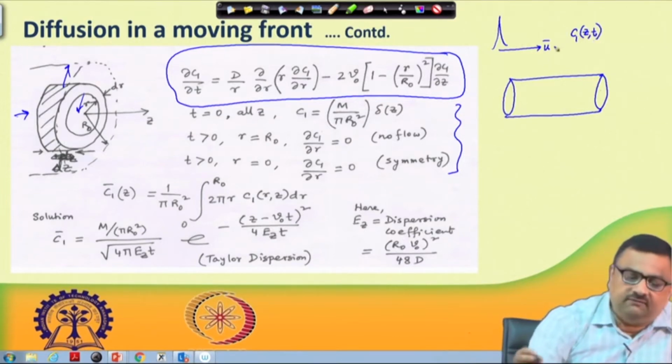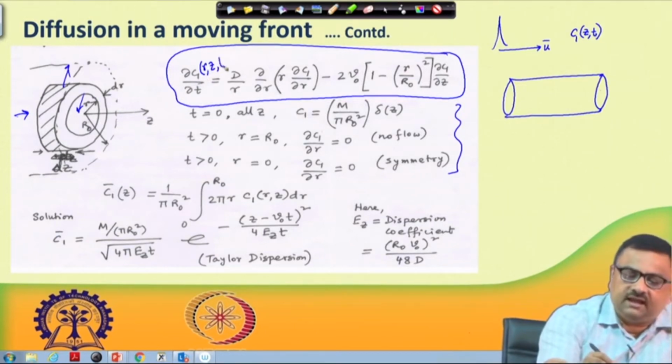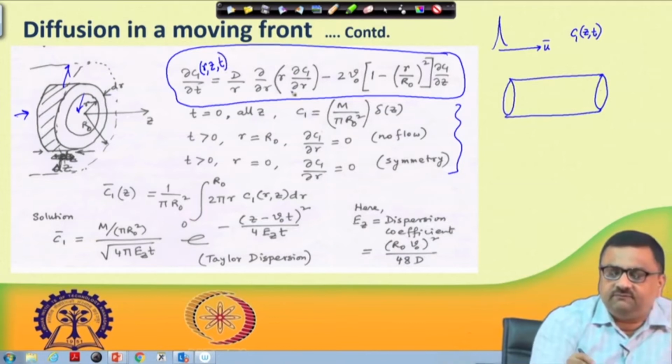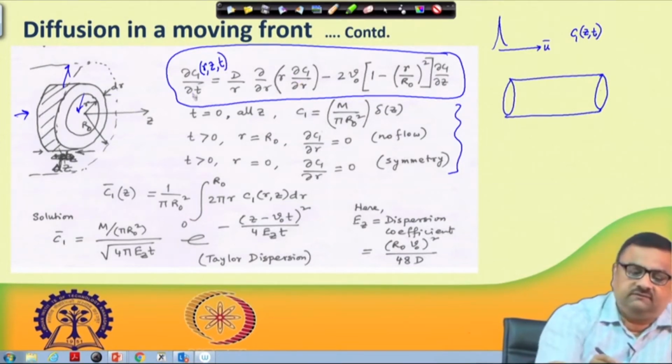But here we have an added problem: this concentration is a function of radial distance r, axial distance z, as well as time.